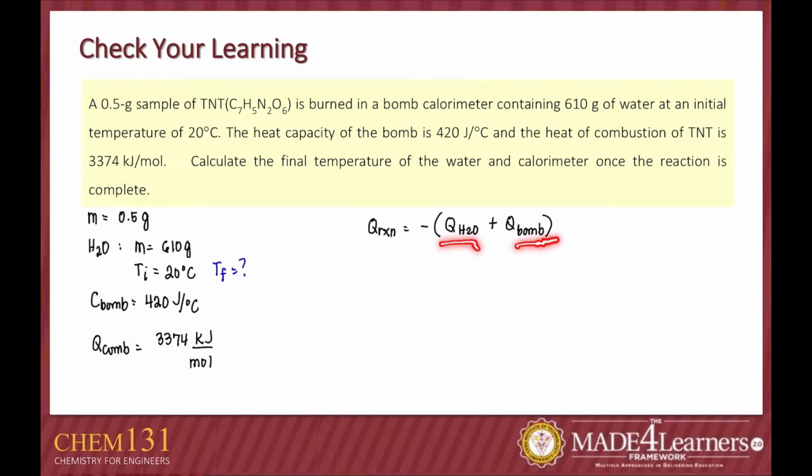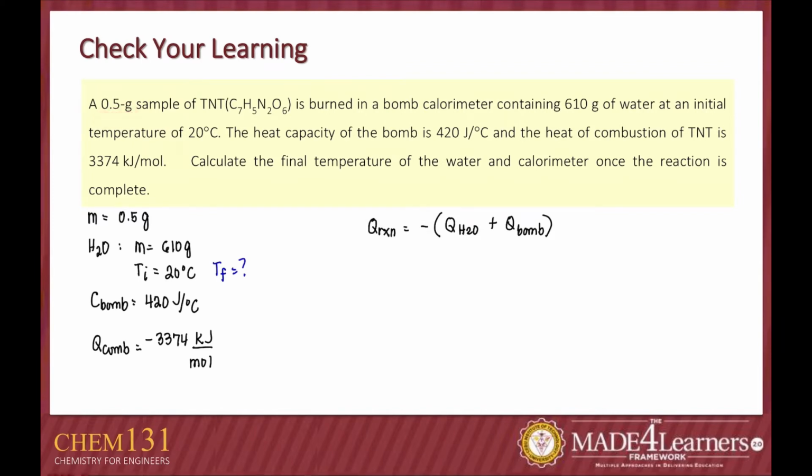But for us to find that, we need to find the heat of the reaction. Okay? So, if naay 3374 kilojoules of heat, this is negative because combustion man, released. For every 1 mole of TNT, pila may heat sa reaction, pila may ma-release nga heat if 0.5 grams of TNT ang na-burn.